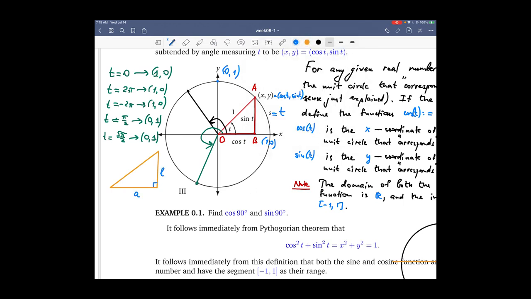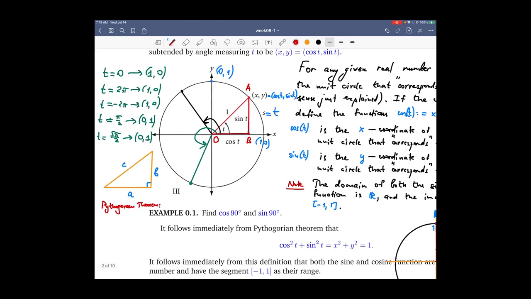If the legs in a right triangle are A and B and the hypotenuse is C, by the Pythagorean theorem, square of C is square of A plus square of B. In other words, square of the hypotenuse is the sum of the squares of legs.